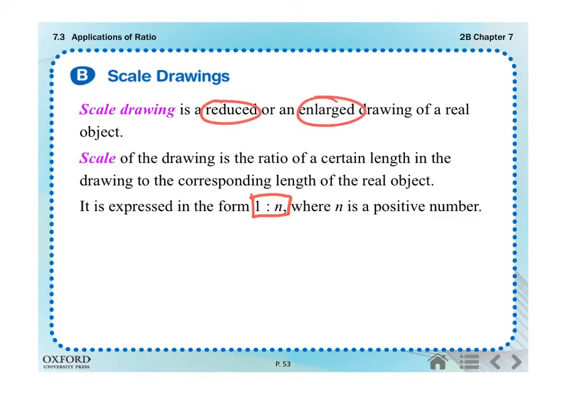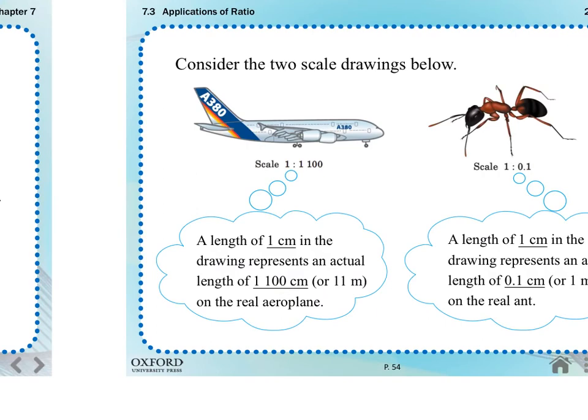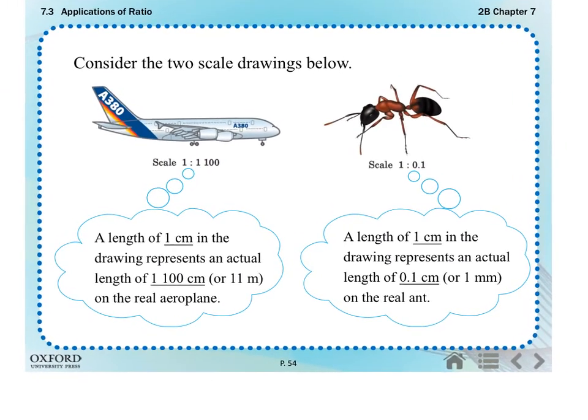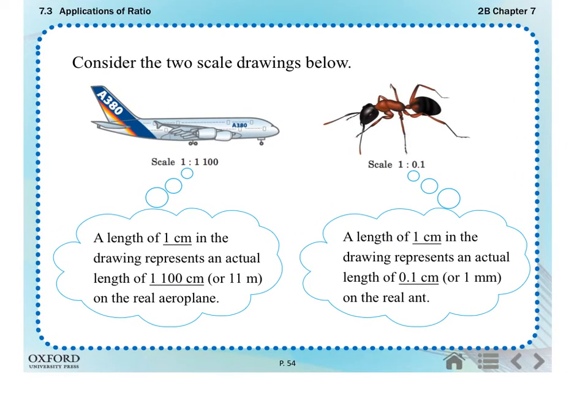So let's see the meaning of a reduced drawing and an enlarged drawing. Here are the reduced drawing and enlarged drawing. Reduced drawing is the common drawing, because the airplane is too large, so when we draw it, we draw a smaller picture. And actually the scale is 1 to 1100.